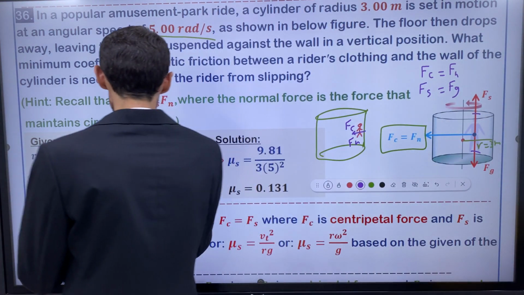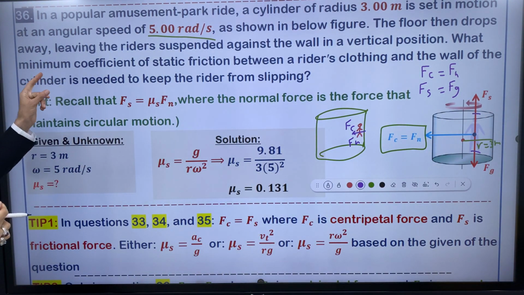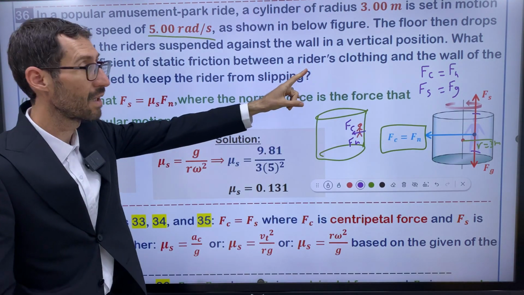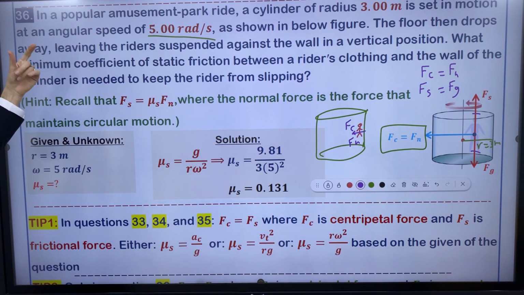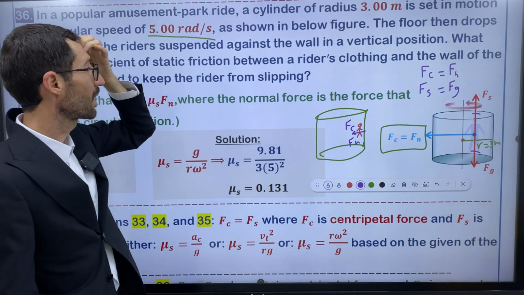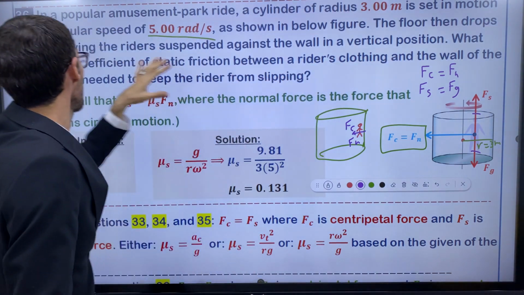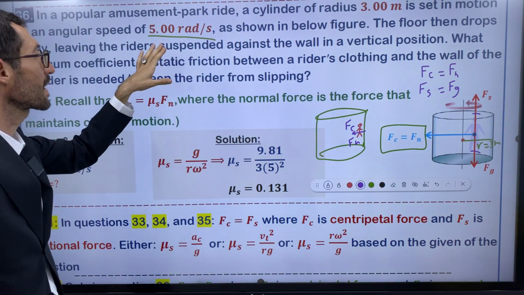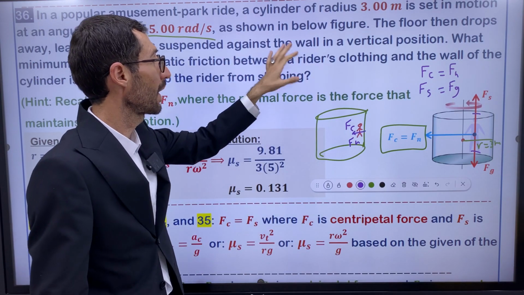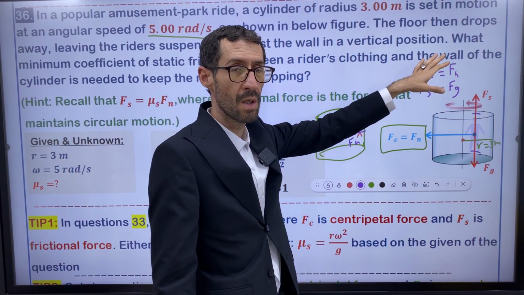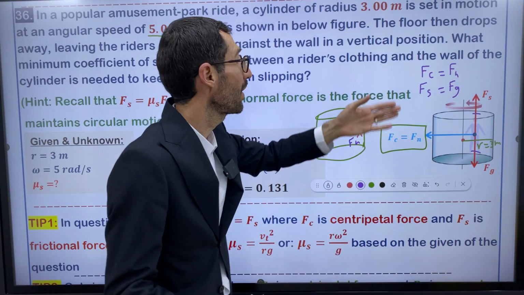So anyway, let me keep going with the reading. It says the floor then drops away, leaving the riders suspended against the wall in a vertical position. So he or she does not fall.